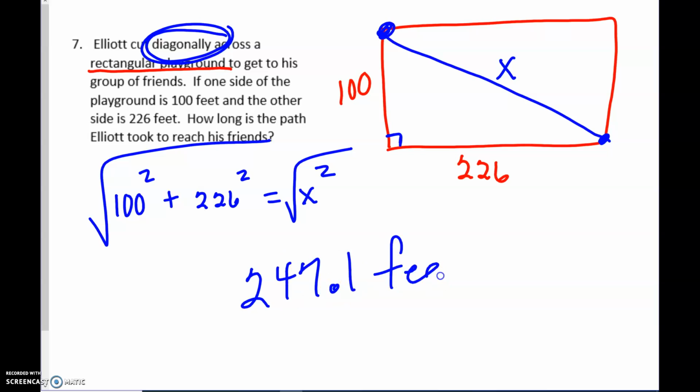If you want the work, I got this to be 61,076. Now let's take the square root of that, and that's where we get our 247.1 feet.